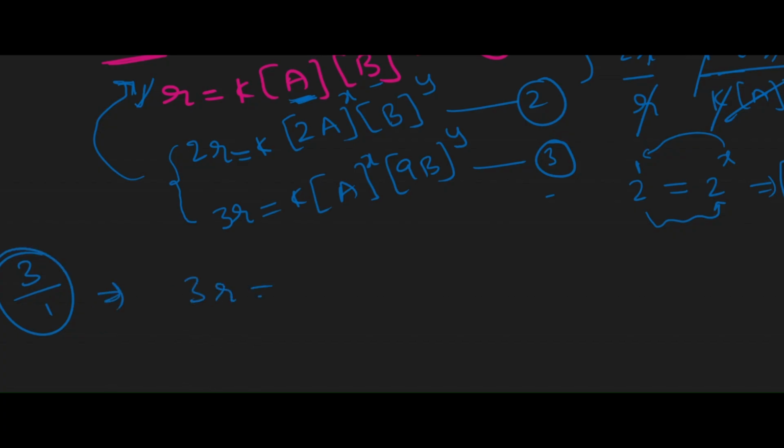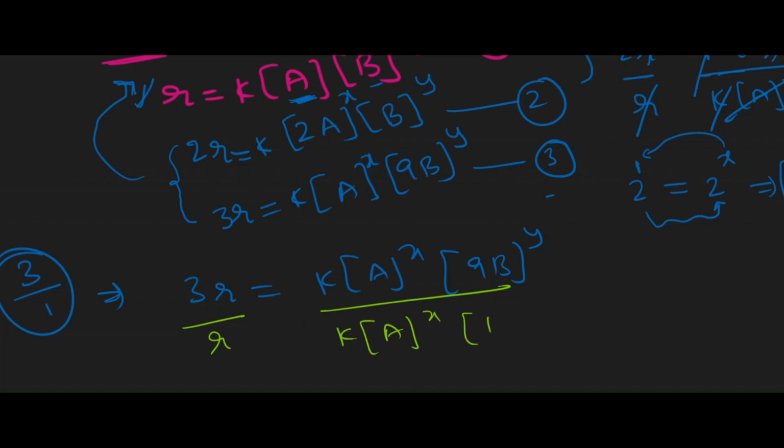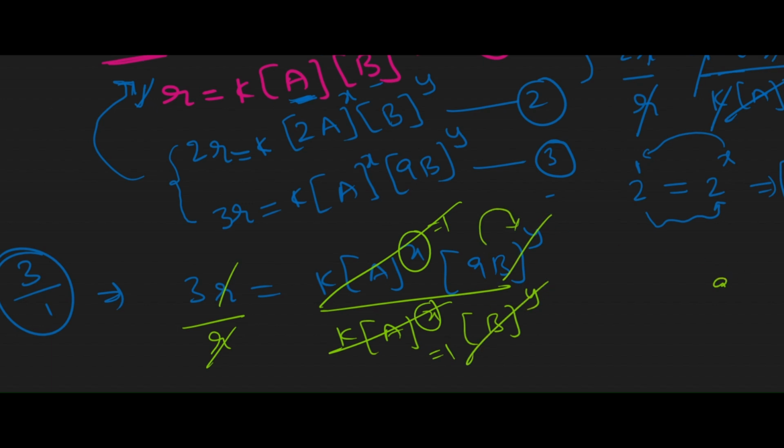So I am writing 3R equal to K into A power X into (9B) to the power of Y, divided by K into A power X into B power Y. We know that X equal to 1, so K, A power X and R get cancelled, and B power Y also gets cancelled. The remaining is 9 power Y, equal to 3.